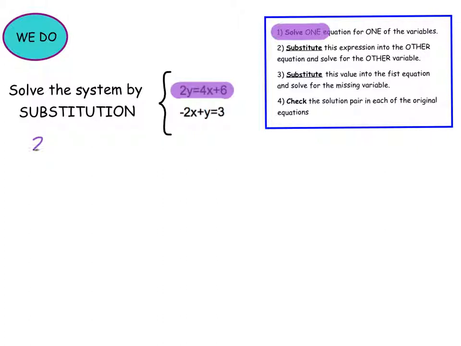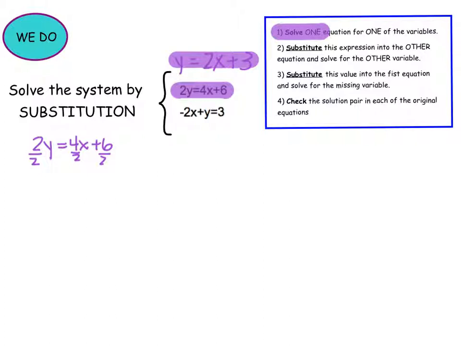So we currently have 2y equals 4x plus 6. I'm going to solve for y because all I need to do is divide every term by 2. And then I get y equals 2x plus 3. So now I solved one equation for one variable.